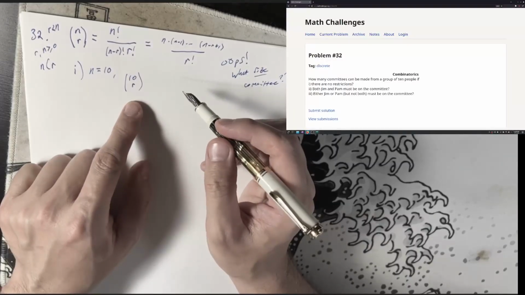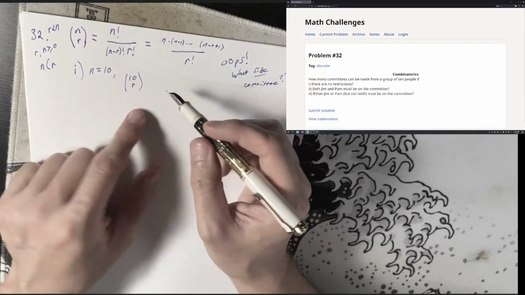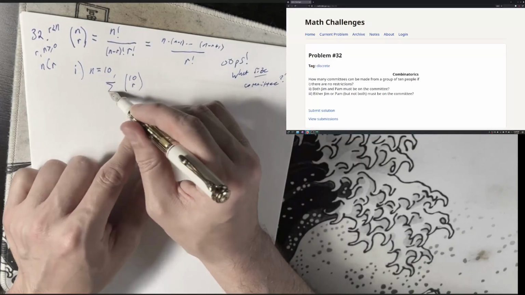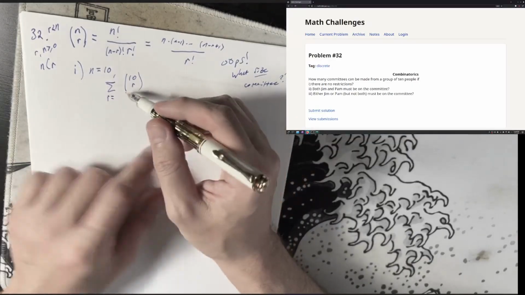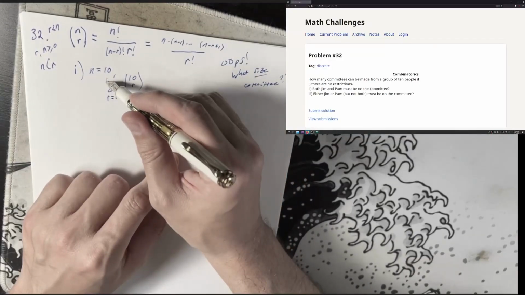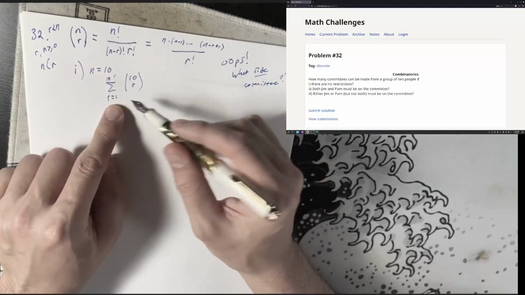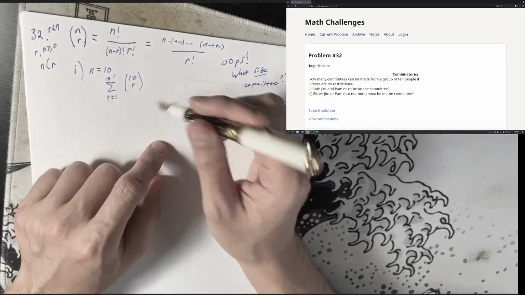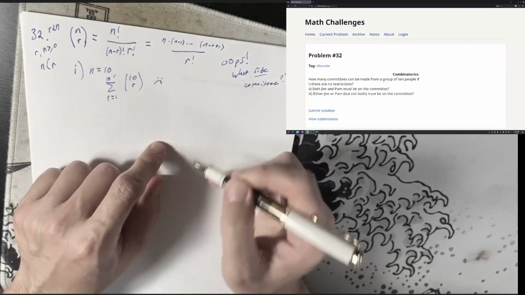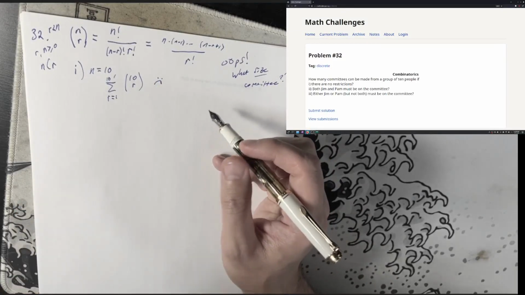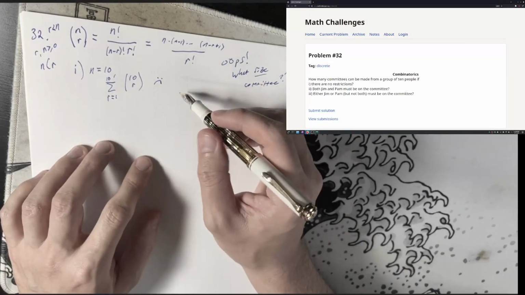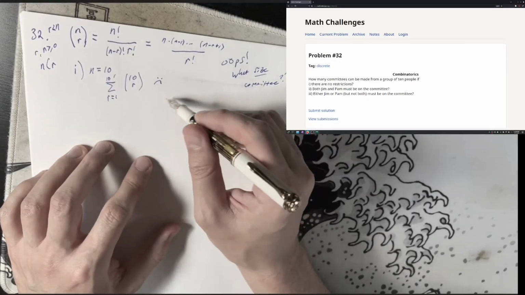Well, how many committees in general? I guess you would sum this as r goes from like 1 to 10. It could be a committee of all 10 people. Maybe it could be a committee of no people. But that was not the way this question was supposed to go. So let's assume it was like committees of size 6.